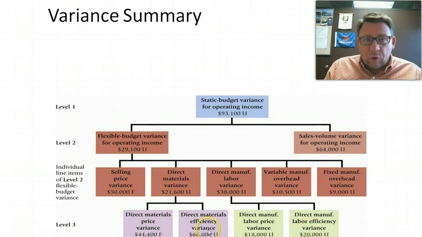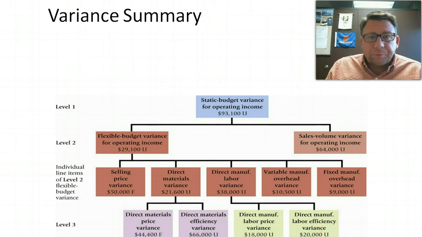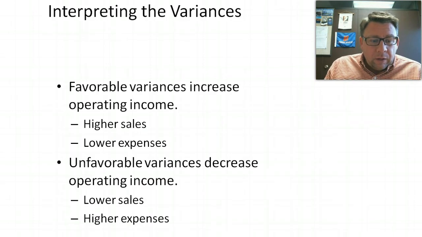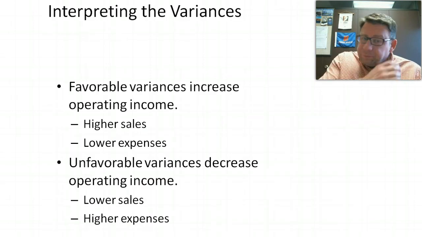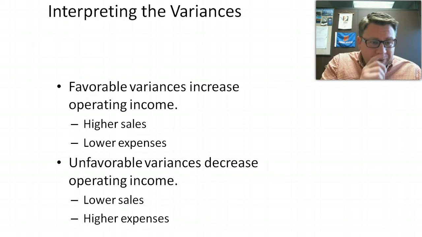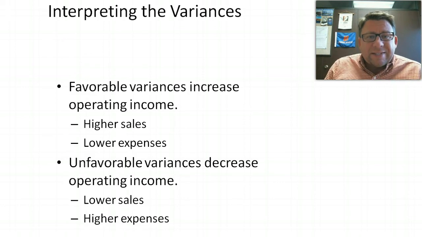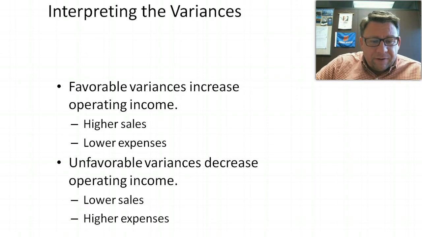We are using more or less than what we thought. Interpreting the variances, so favorable variances increase operating income. Unfavorable variances decrease operating income.